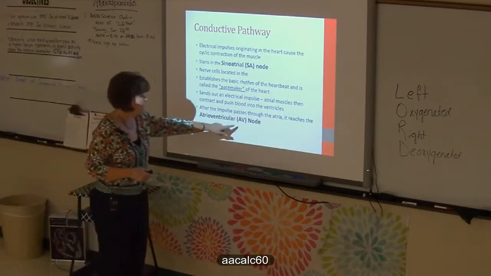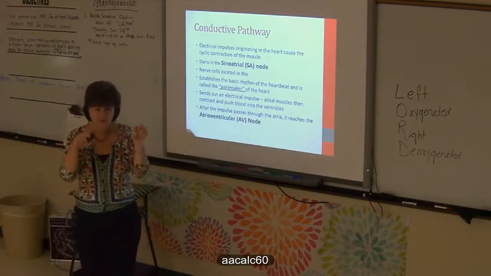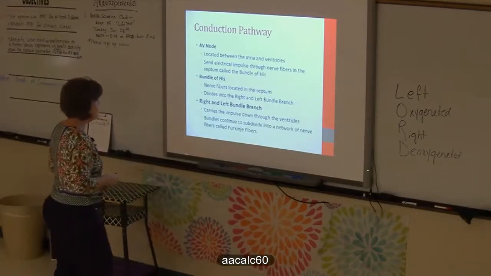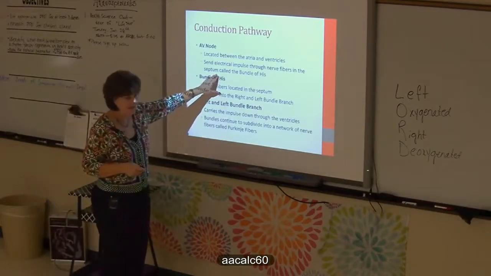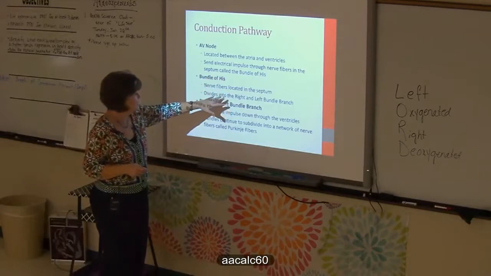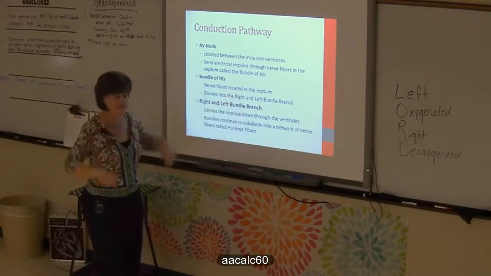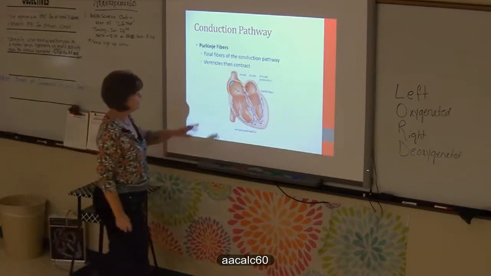And then it hits the AV node, the atrioventricular node, which is closer to the junction of all four chambers. Okay, the AV node. And then it sends it through something called the bundle of His, and we'll look at a diagram here in just a second. And the bundle of His comes through the septum, into the bundle branches, and into the Purkinje fibers. Okay, so let's look at this diagram.